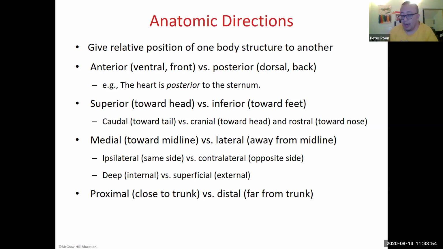Proximal is closer to the trunk, distal is further away from the trunk. So my elbow is proximal to my wrist. My wrist is distal to my elbow. My fingers are distal to my wrist. My wrist is proximal to my fingers. Does that make sense? Usually the words proximal and distal only really refer to arms and legs.